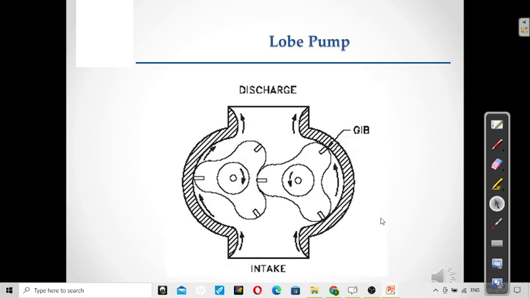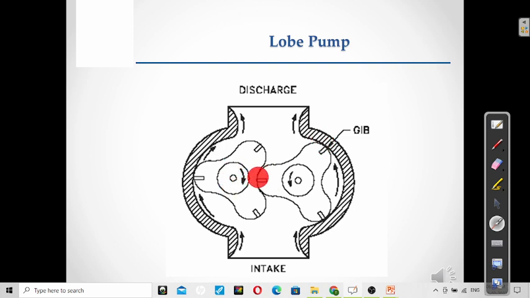This is another pump. There are various pumps for the fluid system. These all vary with their construction. See here how the construction looks. This will rotate and the fluid path will flow like here.